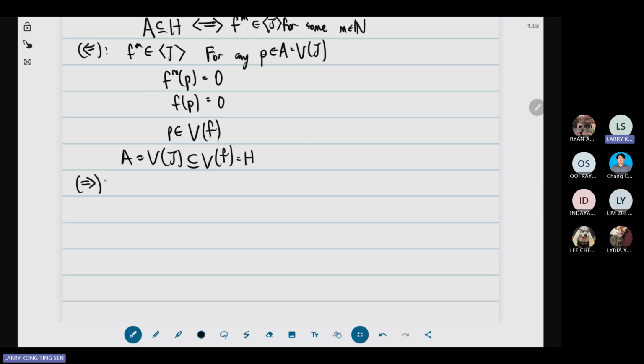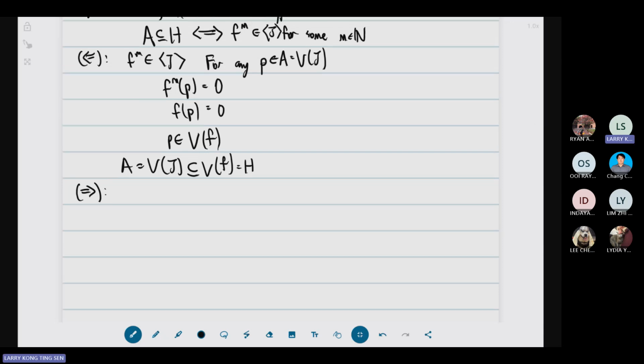Now for the other direction, we actually just use the Nullstellensatz.